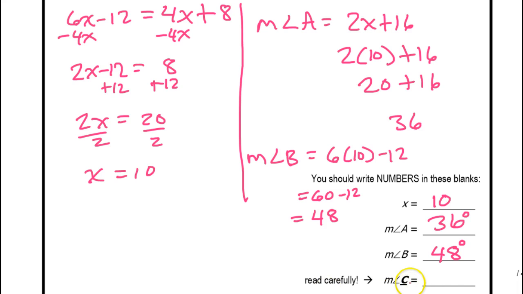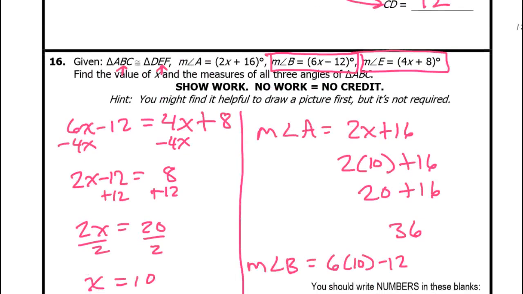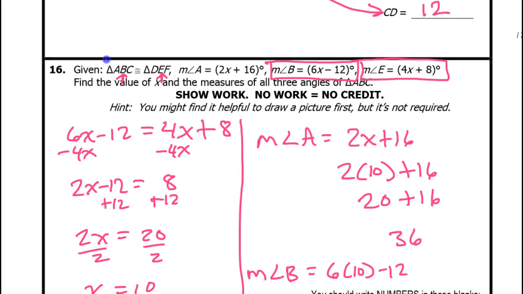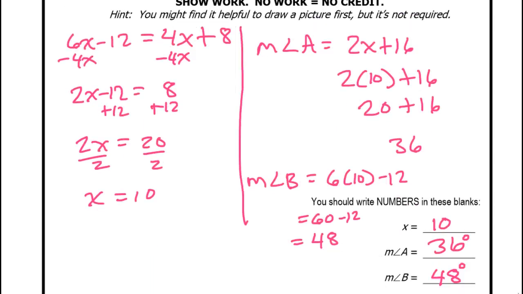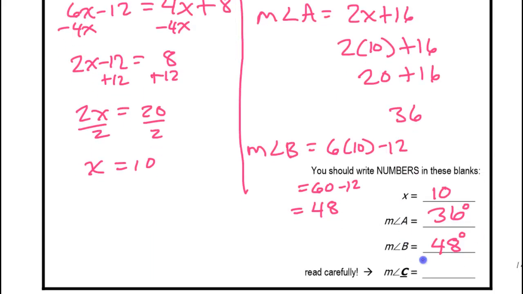And then finally, we're asked to find the measure of angle C. But triangle ABC is one triangle. All right, so it mentions triangle ABC right here. So that means that A, B, and C all have to add up to 180.